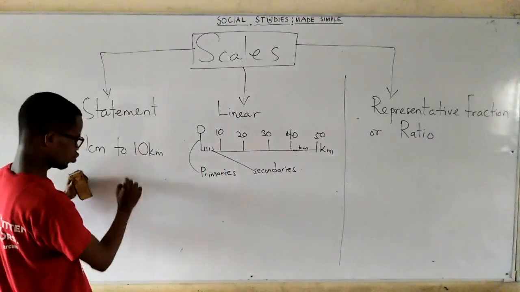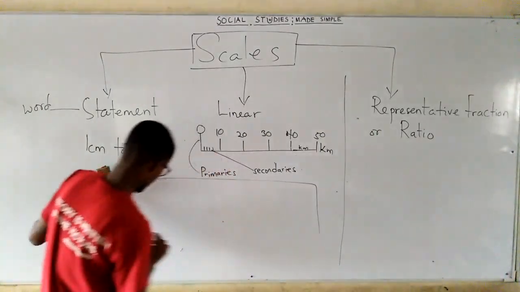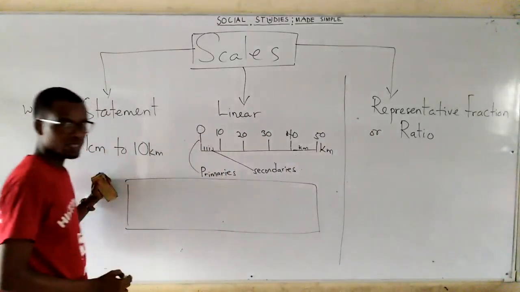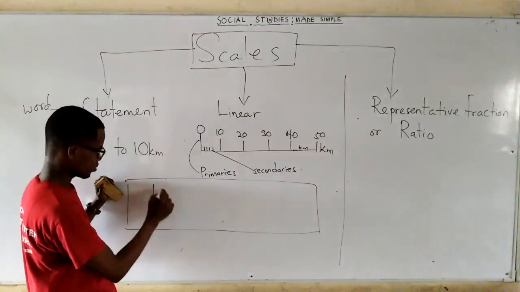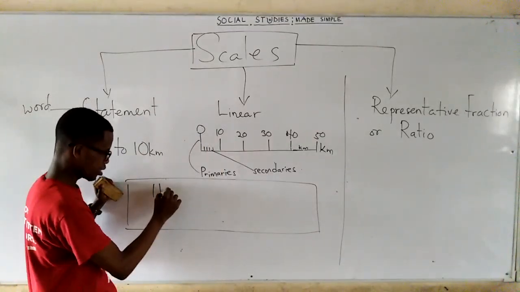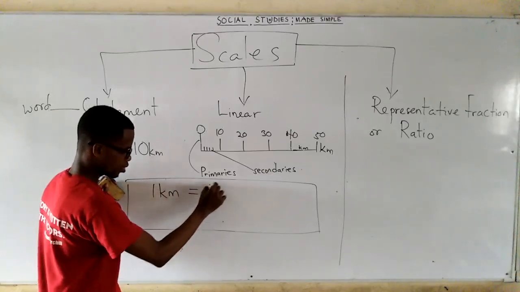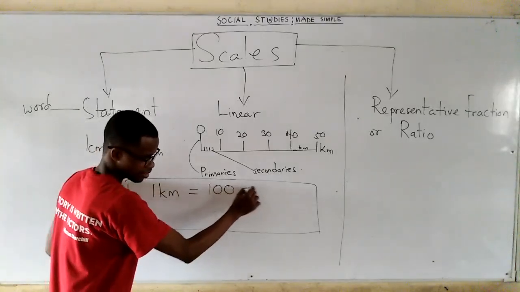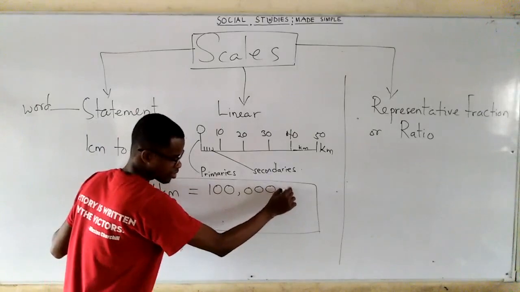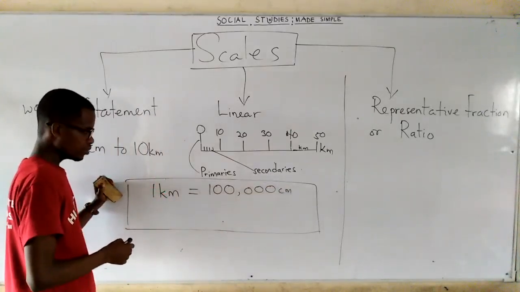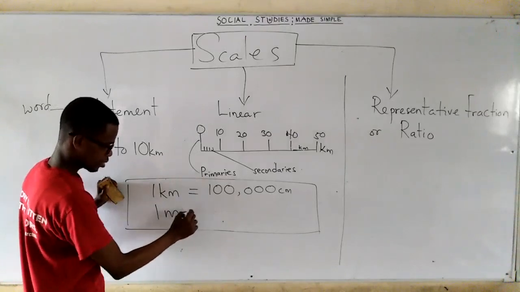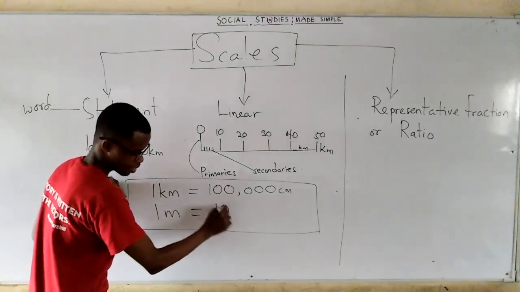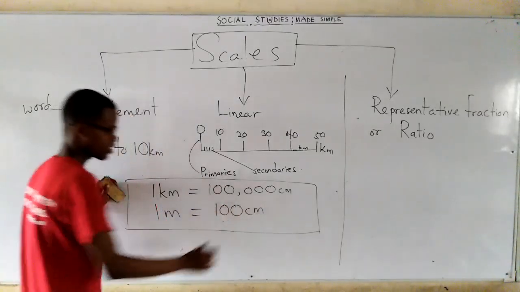Now, you remember two major formulas. Let me give them to you. So you have to take note that every 1 kilometer is equivalent to what? 100,000 centimeters. Then 1 meter will be equivalent to what? 100 centimeters.